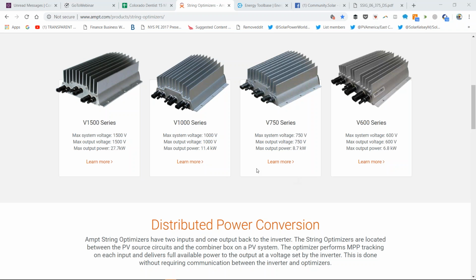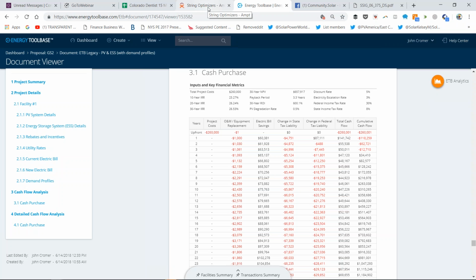It's just that perhaps it's more simple to have the solar array on its own inverter and the battery bank on its own inverter, because companies like Tesla are interested in not just selling you the battery, but also the electronics behind it.